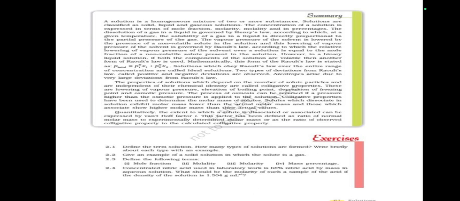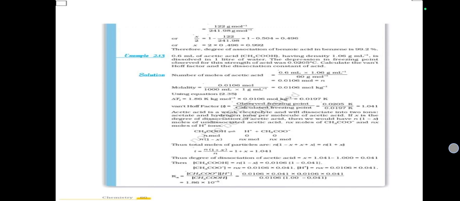Quantitatively, the extent to which a solute is dissociated or associated can be expressed by van't Hoff factor. This factor has been defined as the ratio of normal molar mass to experimentally determined molar mass, or as the ratio of observed colligative property to the calculated colligative property.